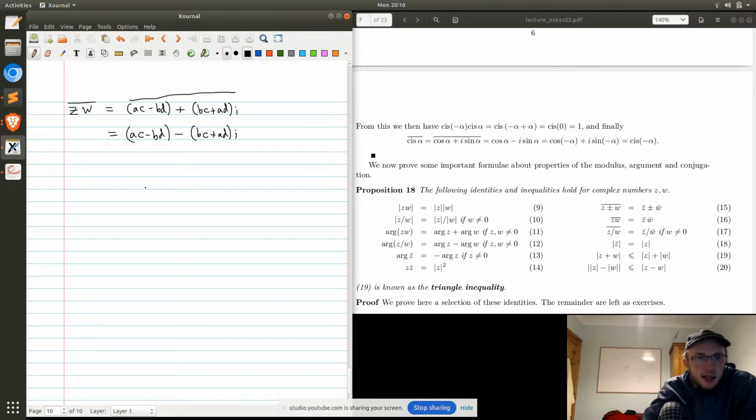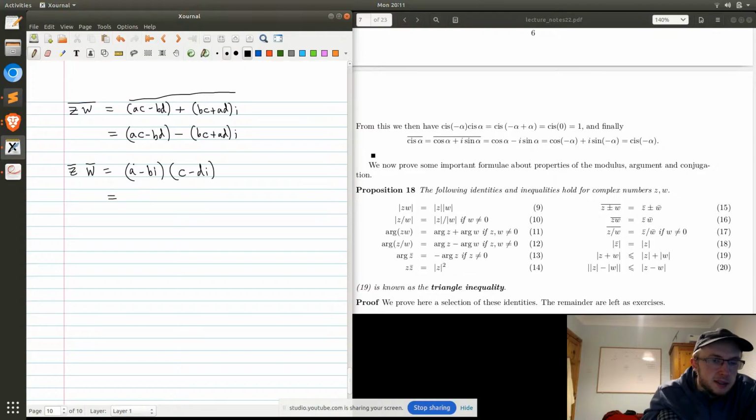Now, I'm not going to pretend that I know that this is conjugate z times conjugate w. So I'm going to be honest, and I'm going to actually do this. Because I really don't like it in proofs when they just go from left to right and pretend like they know it all along. I just think it's artificial, like it's not real. So yes, that's going to be a minus bi times c minus di.